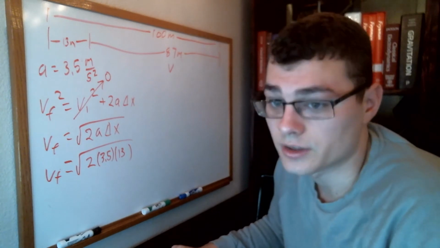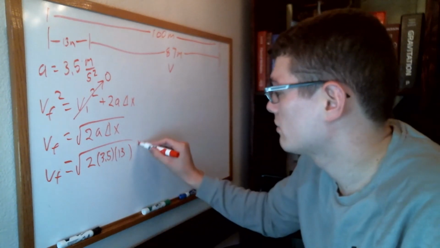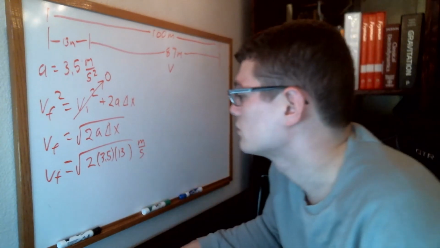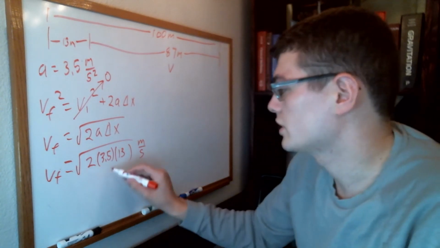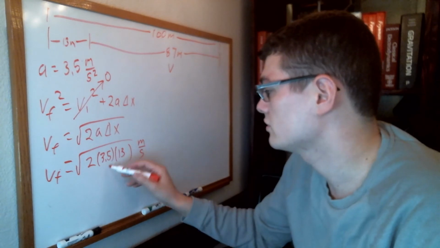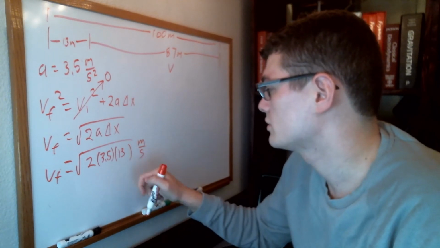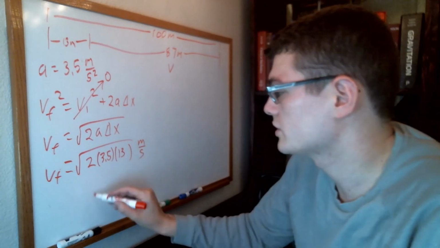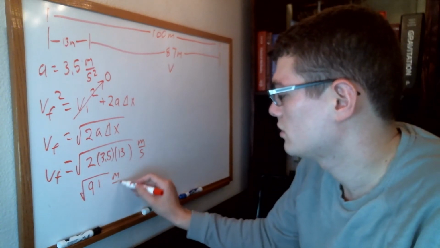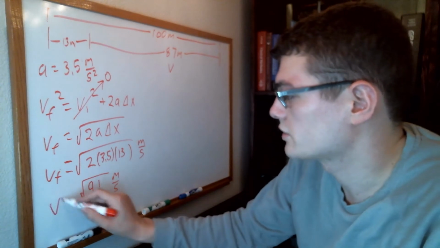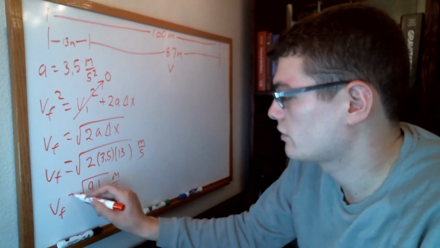When we take the square root of that quantity, we get meters per second, so our units are correct. So then we have to take 2 times 3.5, which is 7, times 13. So 70 plus 21 is 91. So we have to take the square root of 91 meters per second. And that is going to be our Vf.